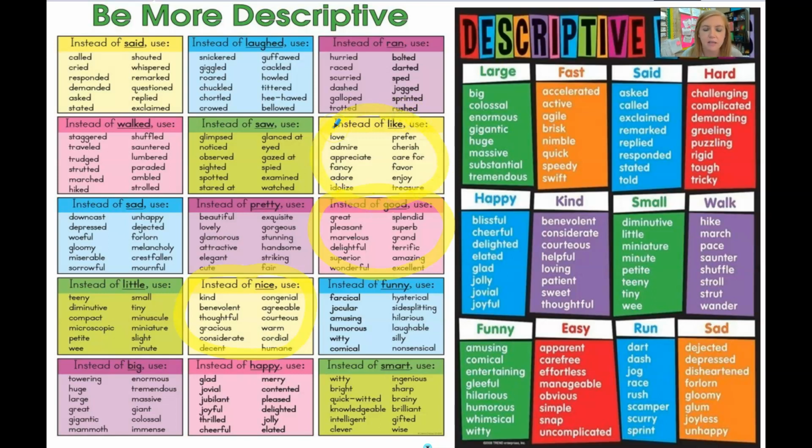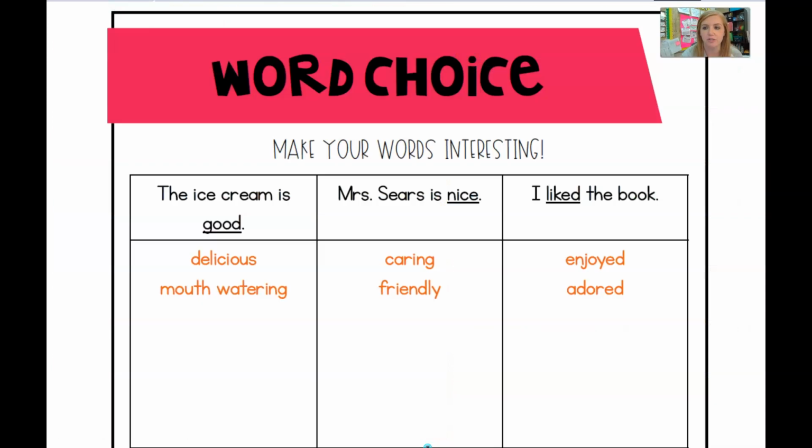Instead of like, we could say love, admire, appreciate, fancy, adore, idolize, prefer, cherish, care for, favor, enjoy, treasure. All of those are words that mean the same, synonyms as like, but they are a little bit more interesting than just saying like.